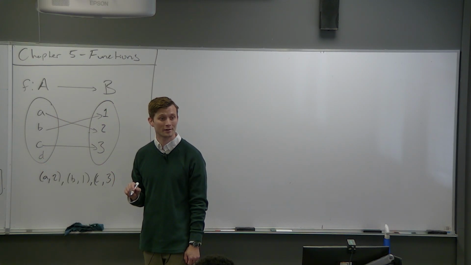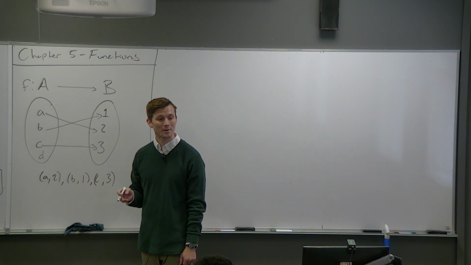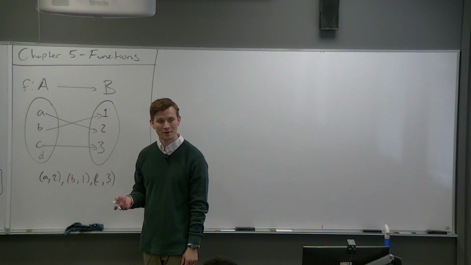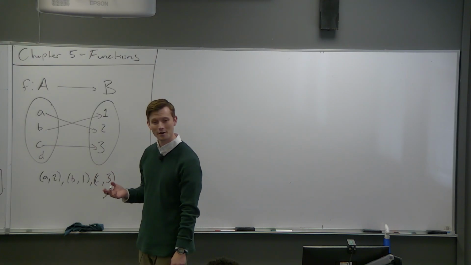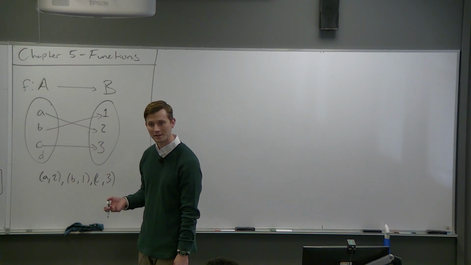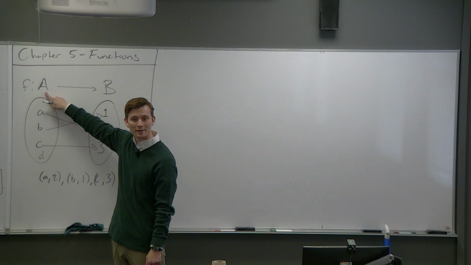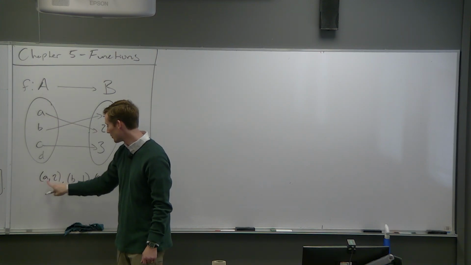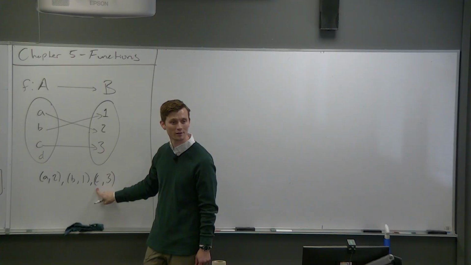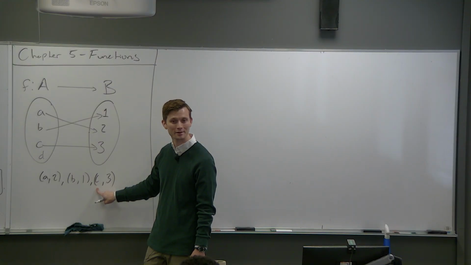So the way we'll set up functions is as relations, that is, subsets of a product of two sets, with the nice condition that every element of the first set appears but once in the first entry of one of the elements of the relation.